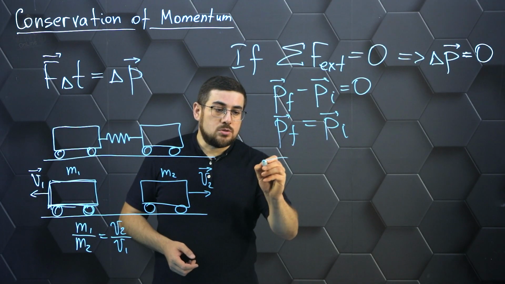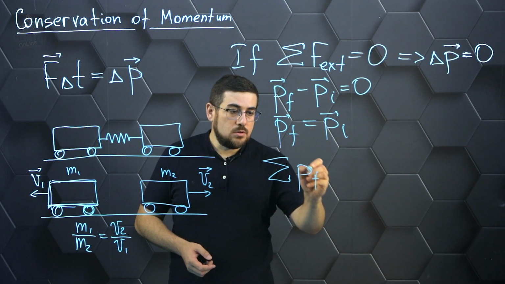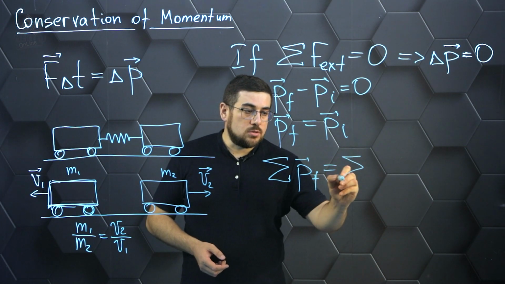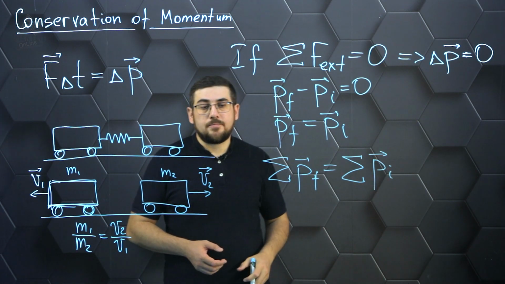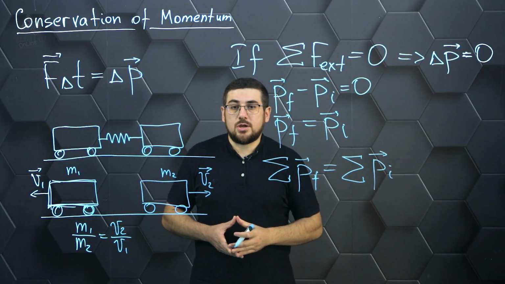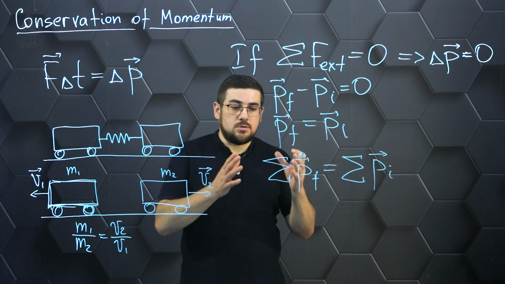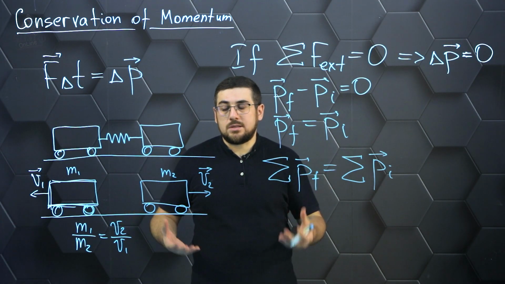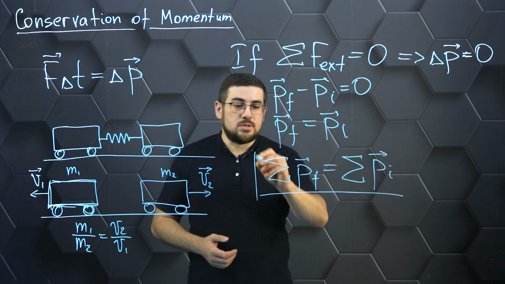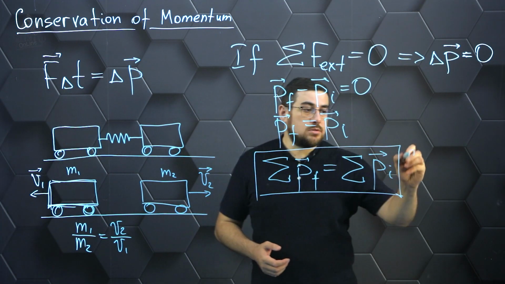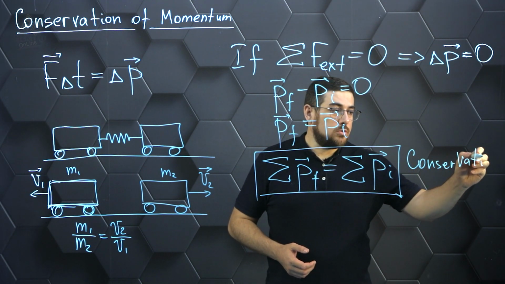Then we can say that the vector sum of all the momenta at the end will be equal to the vector sum of all the momenta at the beginning. And thus we get a wonderful equation that will describe this system during a collision or other types of interaction. This law is called the law of conservation of momentum.